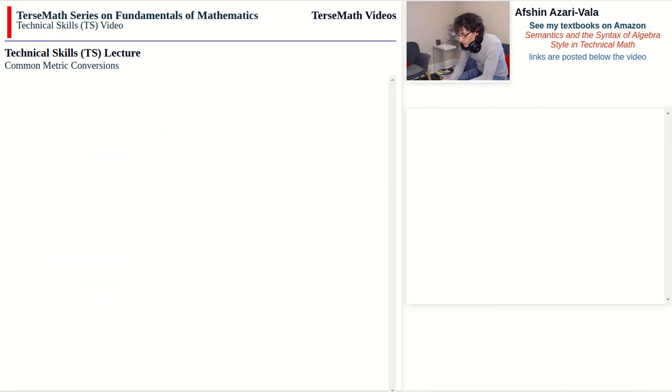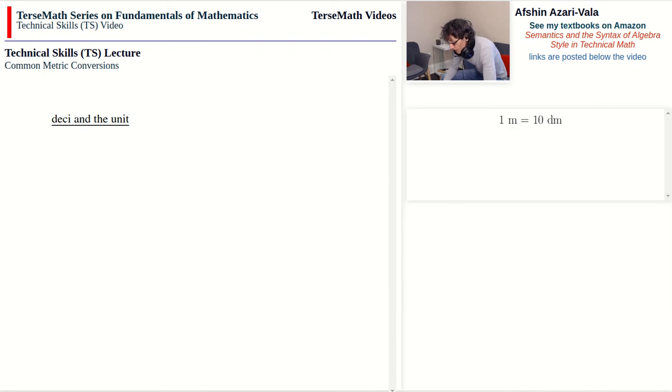Alright, apart from these 4 that are very good to know, that you must know actually, there are 2 other ones that are good to know. One is the relationship between deci and the unit. Now these are good to know because deci is not that commonly used, but it's common enough that it's sort of worth knowing it. And the relationship between these ones is such that 1 meter, as an example, is equal to 10 decimeters.